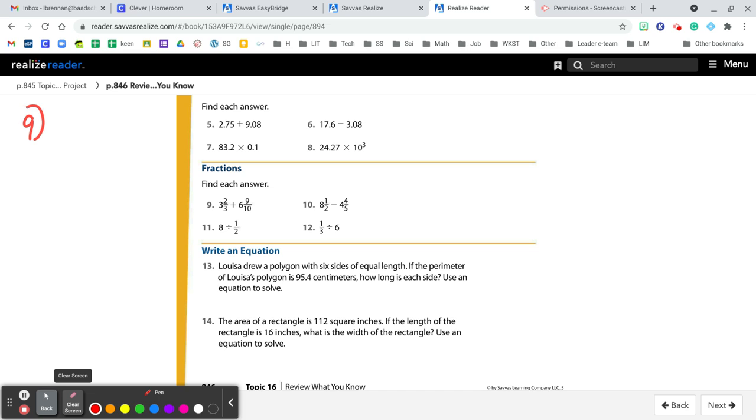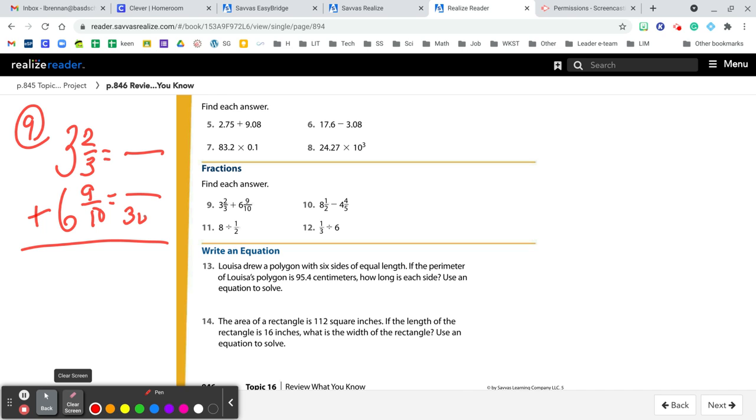Number 9, fractions. 3 2/3 plus 6 9/10. We know we're going to have to find equivalent fractions. 3 doesn't go into 10. I'll skip count until I find a multiple that both numbers will go into. And I will rename. So 2/3 becomes 20 over 30. 9/10 becomes 27 over 30.